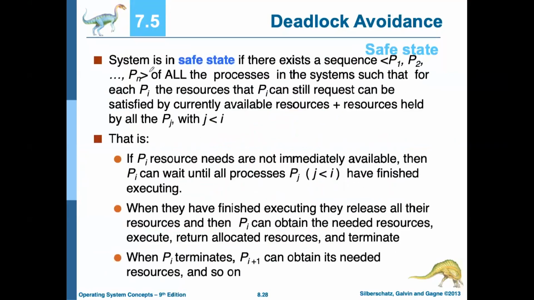A system is in a safe state if there exists a sequence P1, P2, up to Pn, representing all the processes in the system, such that for each Pi, the resources that Pi can still request can be satisfied by currently available resources, plus resources held by all Pj, with j less than i.